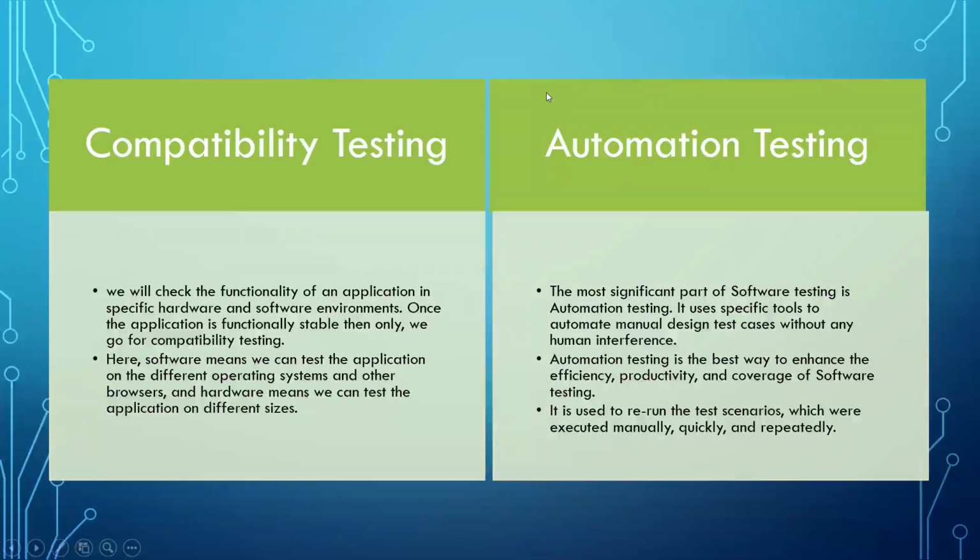Next, what is compatibility testing? We check the functionality of an application in a specific hardware and software environment. As we discussed, if you take huge enterprise applications like SAP or Oracle EBS, those applications require a lot of space and should have a perfect configuration in terms of hardware and software. That's the high-end configuration. In that case they can run these applications, because their data is huge and they have to manage a lot of data in databases also.